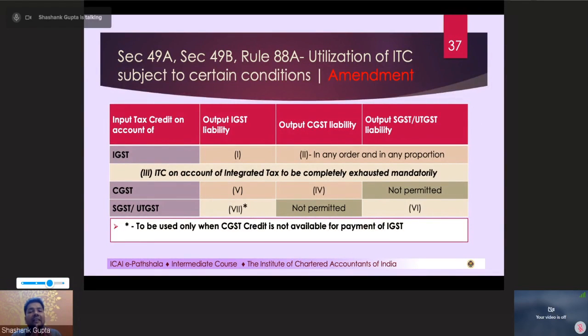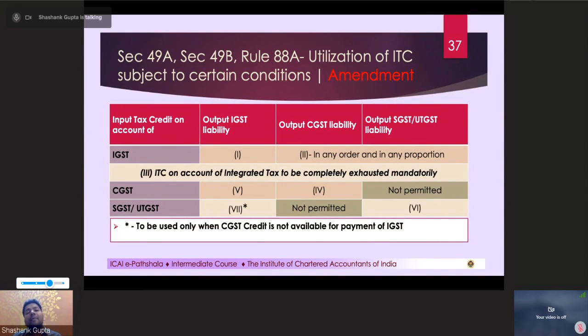Because IGST means 50% revenue of the central government and 50% revenue of the destination state. Now it was becoming increasingly difficult for the government to identify to which state the credit of IGST should be repatriated.